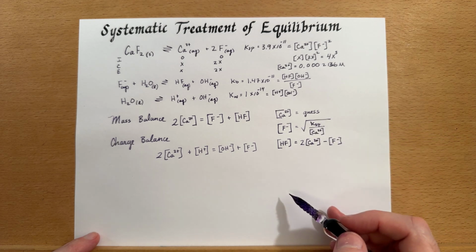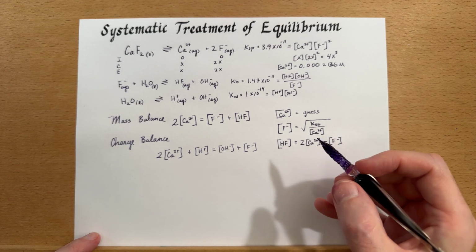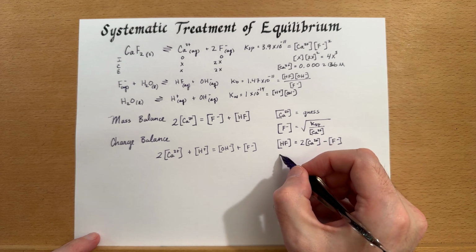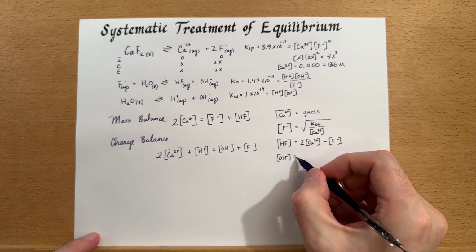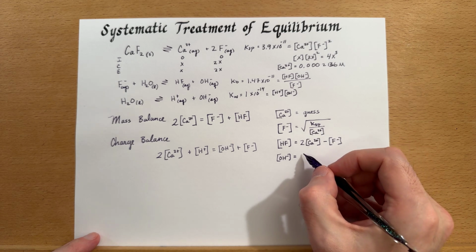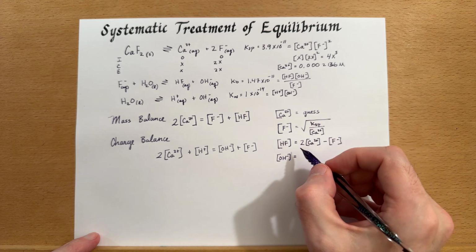And then it will calculate a value for HF. Next, I need to calculate the hydroxide ion concentration, or H+, depending on which way I want to do it. But I'm just going to solve my KB for hydroxide ion concentration.